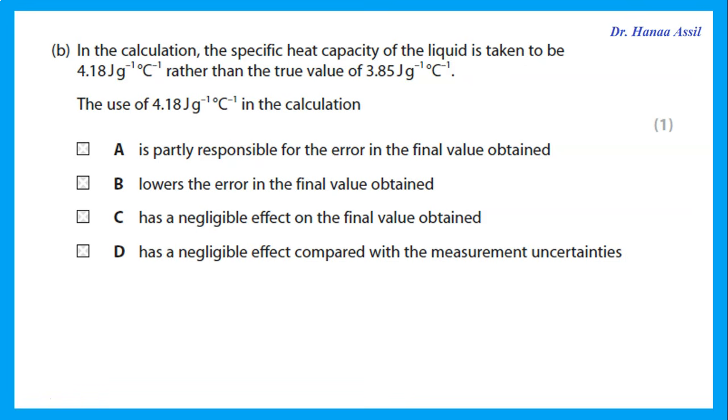Remember that when we're calculating Q is mc delta T, we take C as 4.18, even though this is the value for water, but we also use it for solutions. So this is a larger value than the value that we're going to use. When we use larger values, that lowers the error, or it lowers the percent error in the answer.